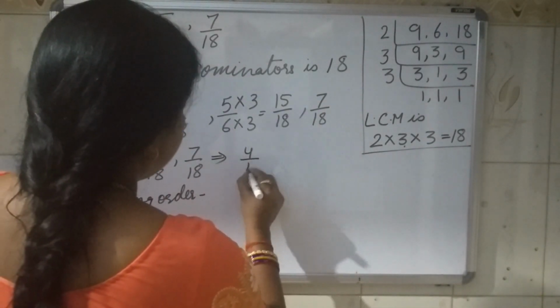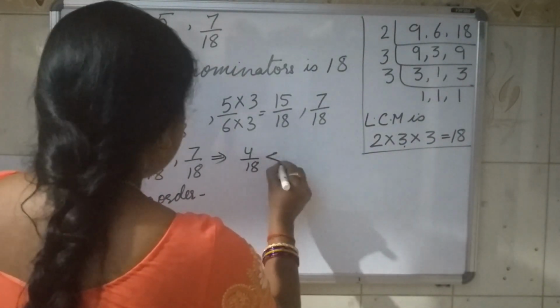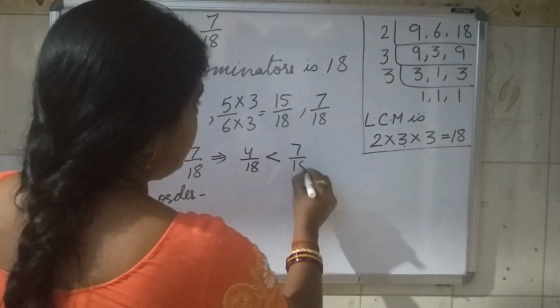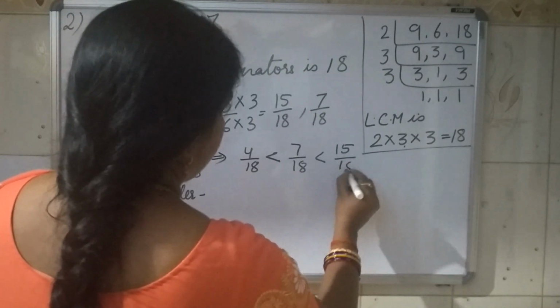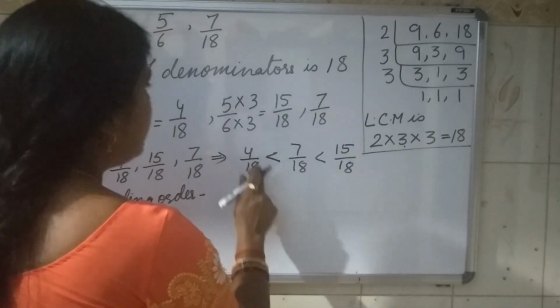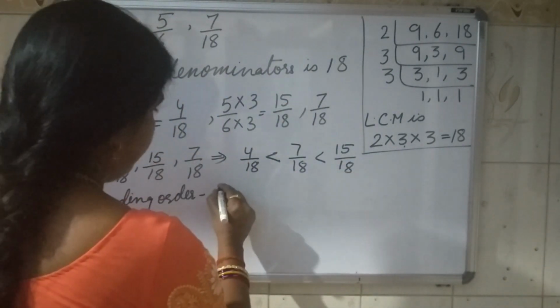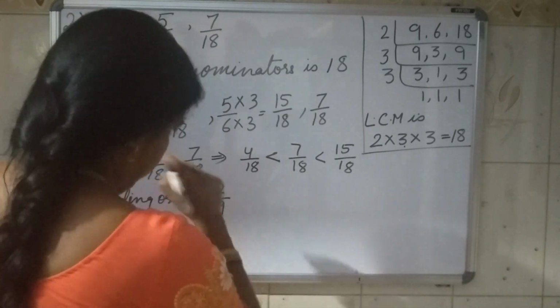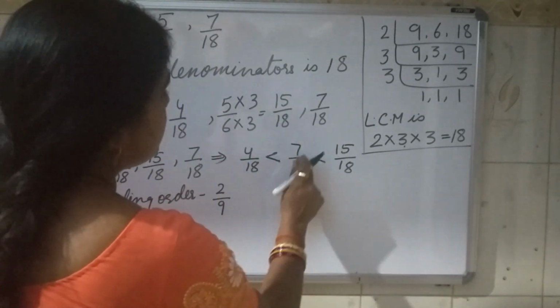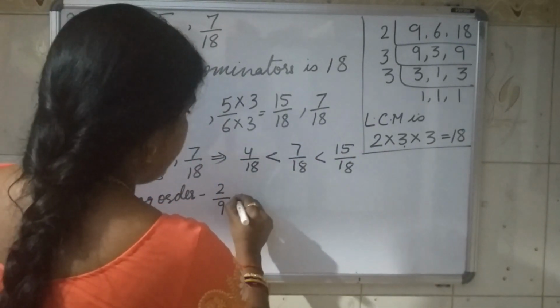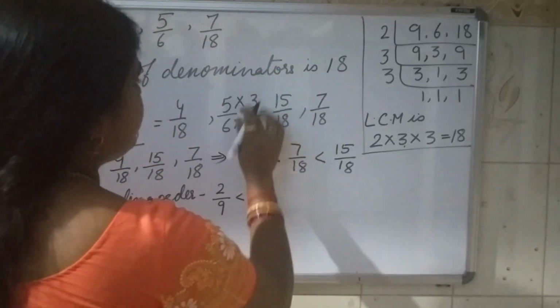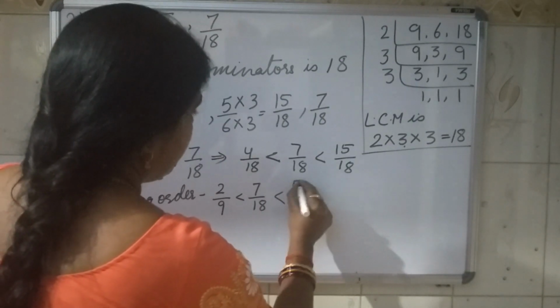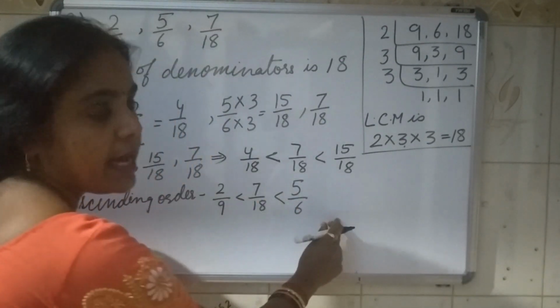So 4 upon 18 is less than 7 upon 18 is less than 15 upon 18. Now this 4 upon 18 comes from 2 upon 9. Then this 7 upon 18 is 7 upon 18 only. And then 15 upon 18 is from 5 by 6. This is the answer of the ascending order.